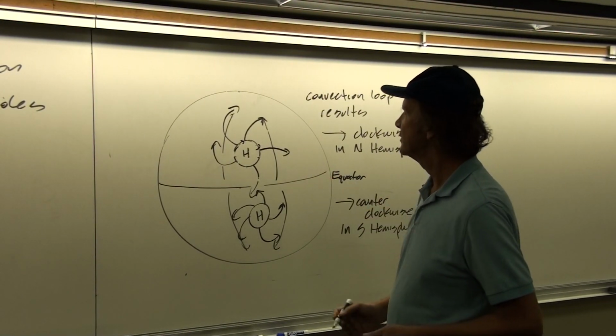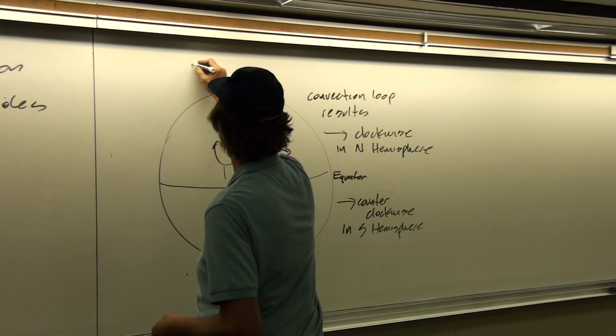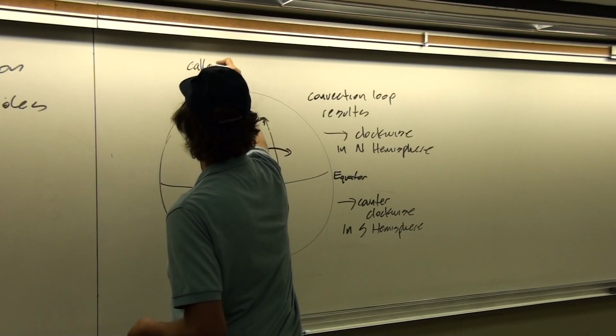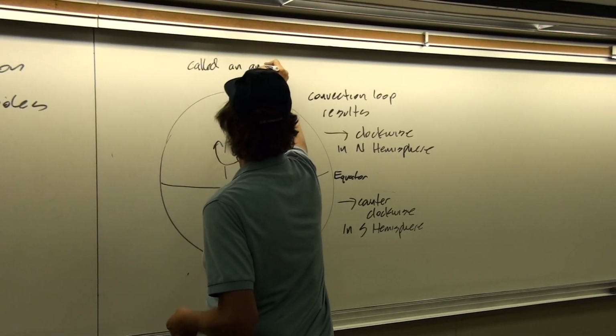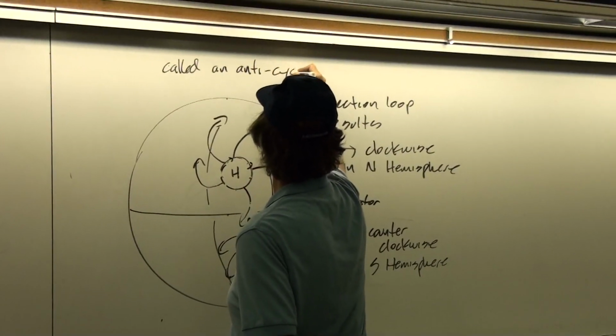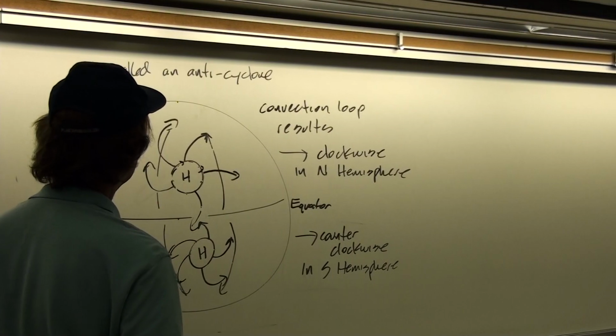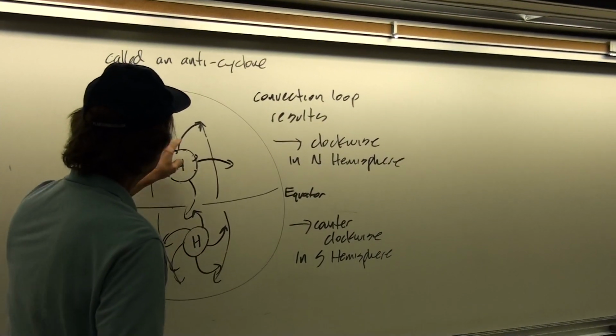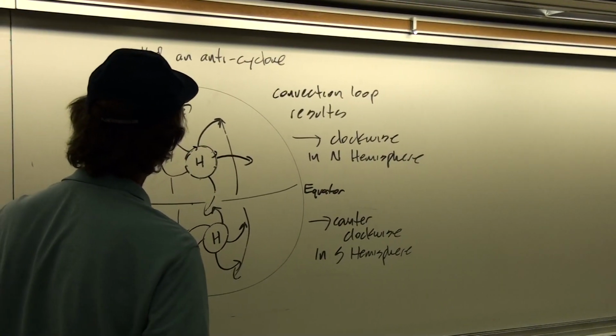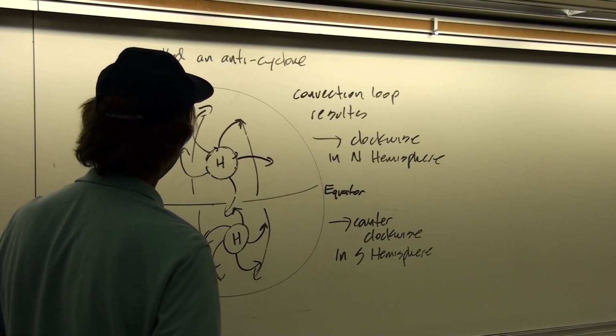But what this is associated with is what we call an anticyclone. And it tends to be less severe in terms of the wind conditions that are produced than a cyclone.